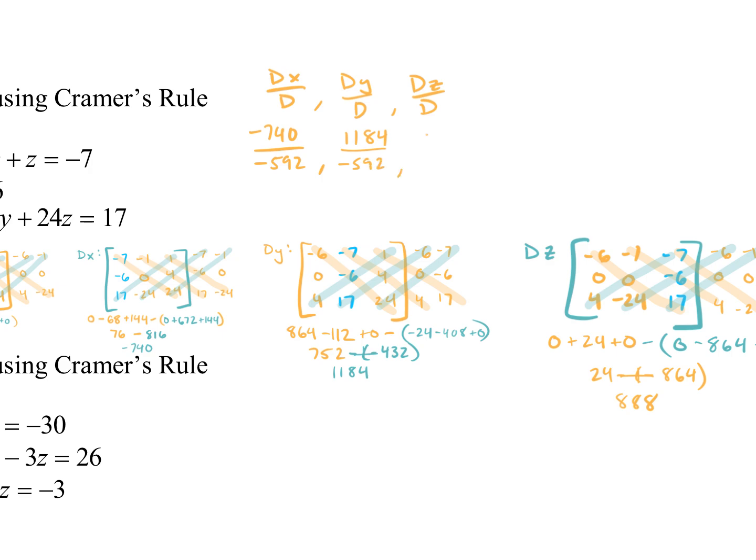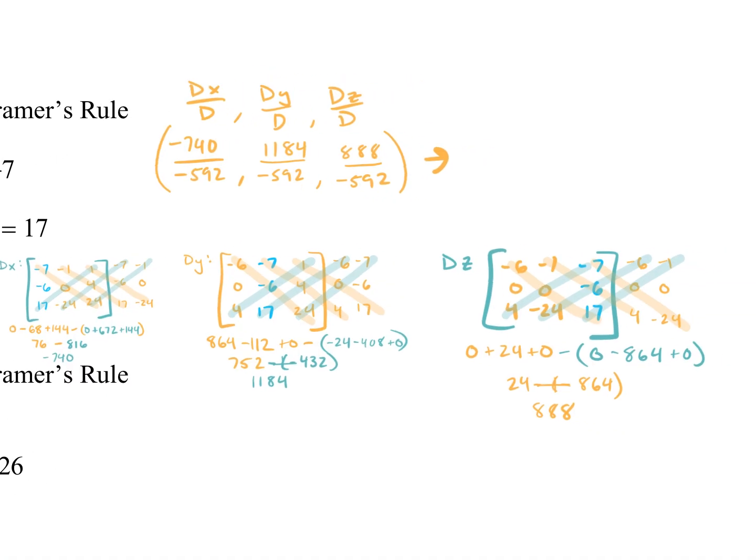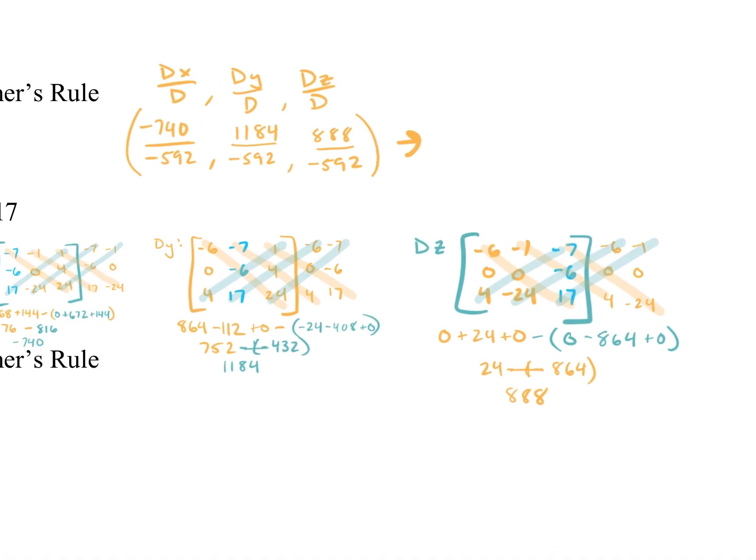And z would be 888 over negative 592. Last thing we want to do is simplify. Don't forget to simplify. It simplifies into 5 over 4, negative 2, and negative 3 over 2.